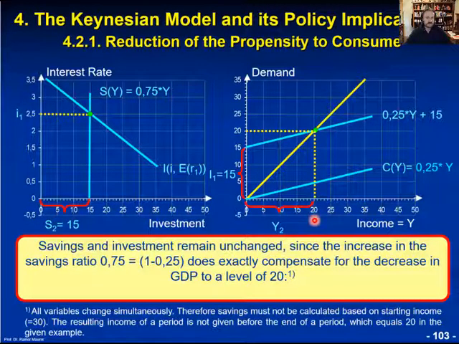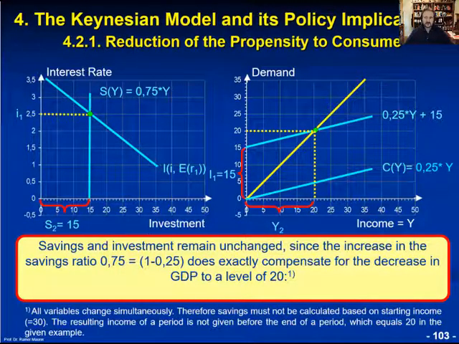At a GDP level of 20 units, 25% is consumed, which equals 5 units, the length of one little quart. And then we have still 15 units investment demand, which adds up to a total demand level of 20. But what happens now on the capital market?